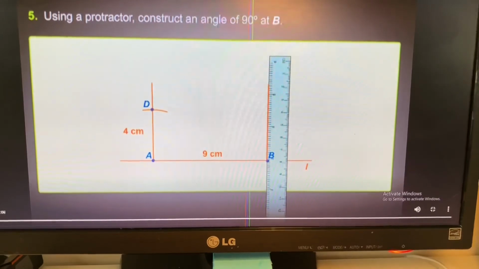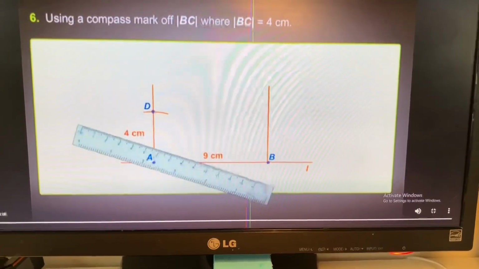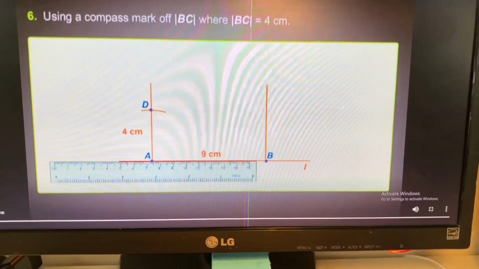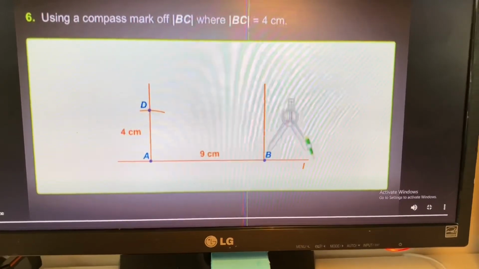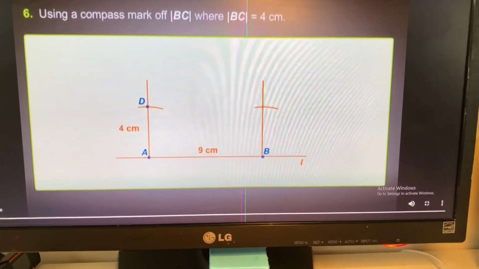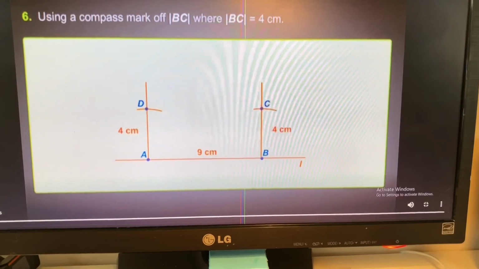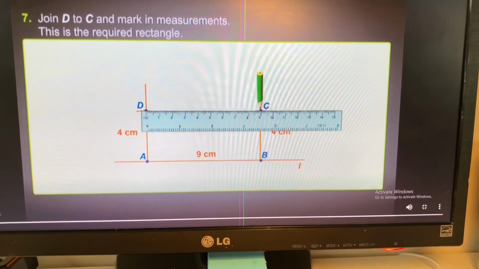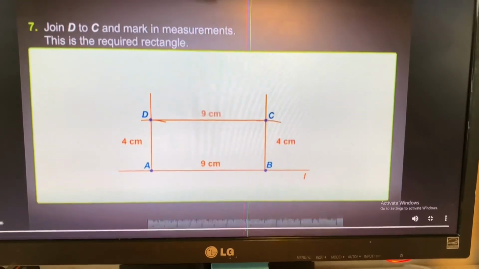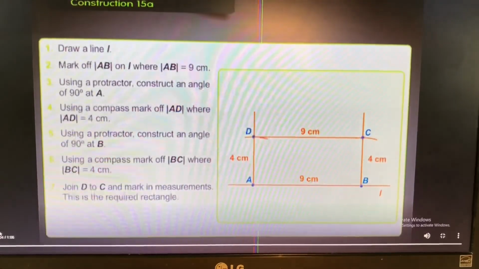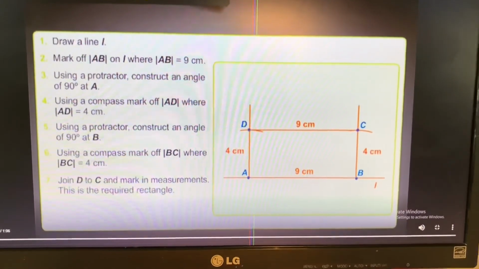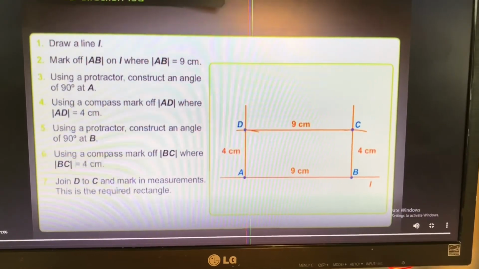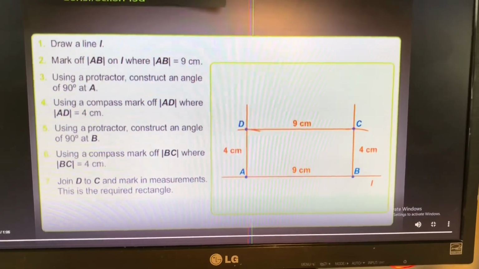And that means that when you place the point on B, you will curve your arc of your compass, and wherever it intersects your perpendicular line, that's exactly 4 centimeters above. And we can then connect the 2 together. So 3 different ways of producing this: using your set square, using your protractor, or using your compass.